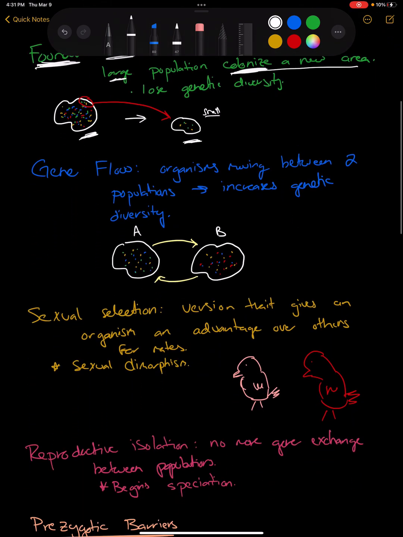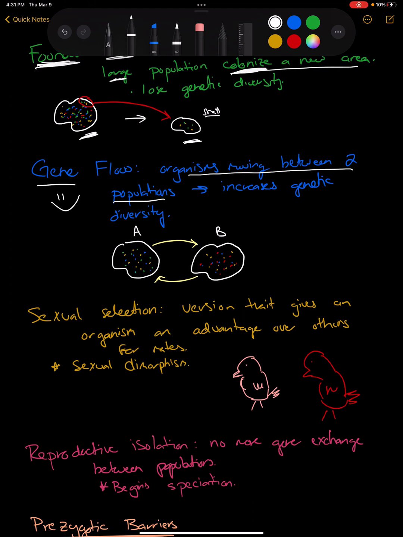All right, now switching gears, we also have gene flow. Now, gene flow is a good thing, okay? Gene flow is good because I have organisms moving between 2 populations. And if I move between 2 populations, that's actually going to increase genetic diversity. Because if I look at population A, I have yellow and blue and green variation within my population.